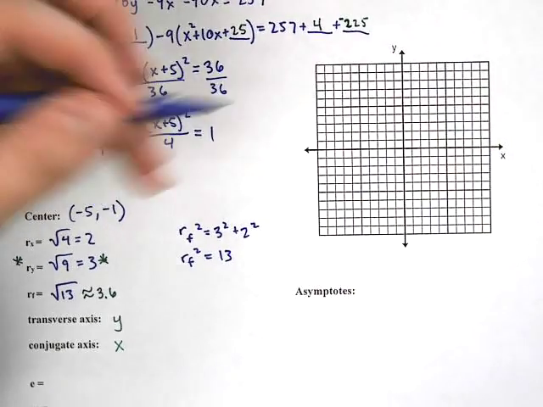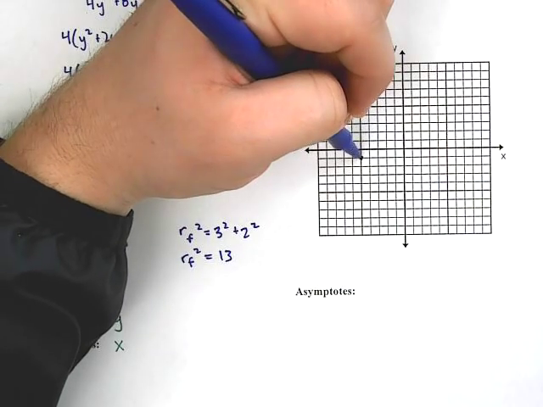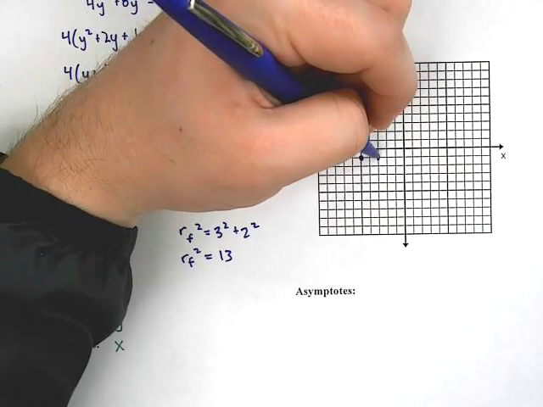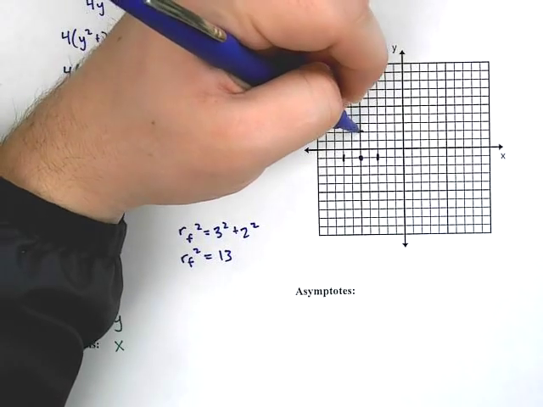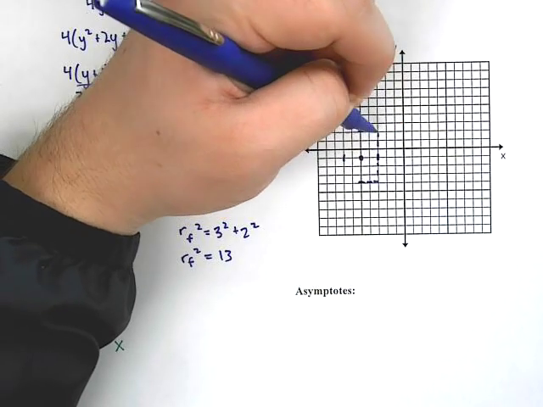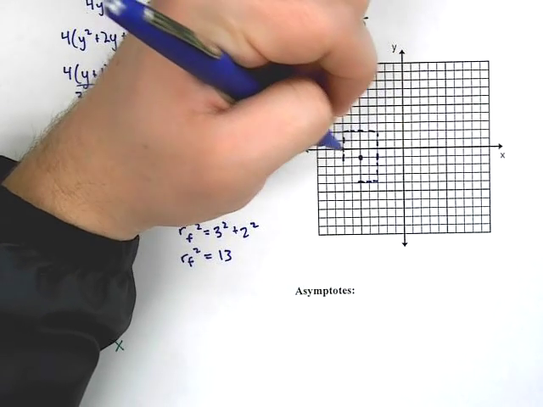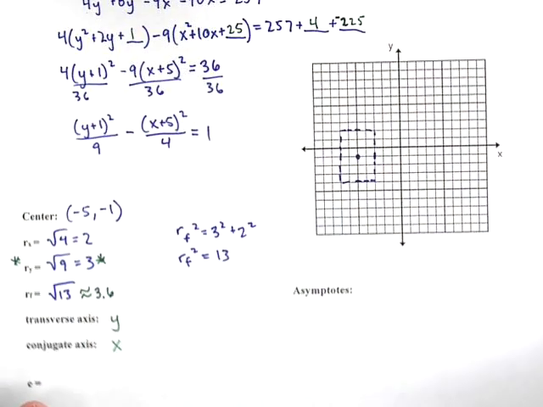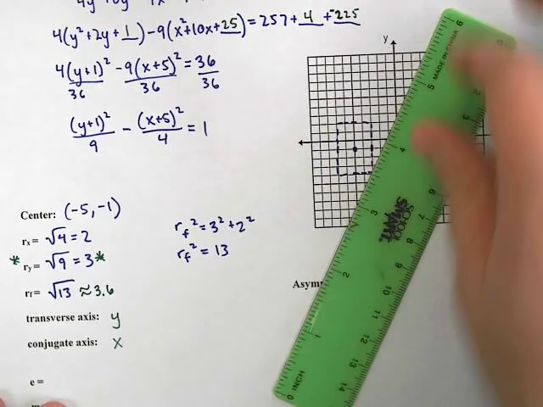Negative 5, negative 1 is our center. We know our r sub x and r sub y. So it's over 2's, it's up 3's, and we now have our rectangle, our box. And once we have the box, then we can sketch in the asymptotes.